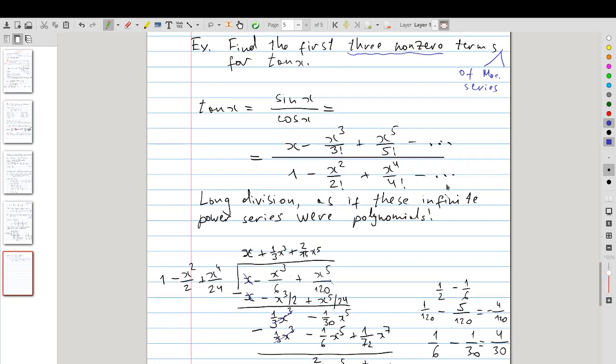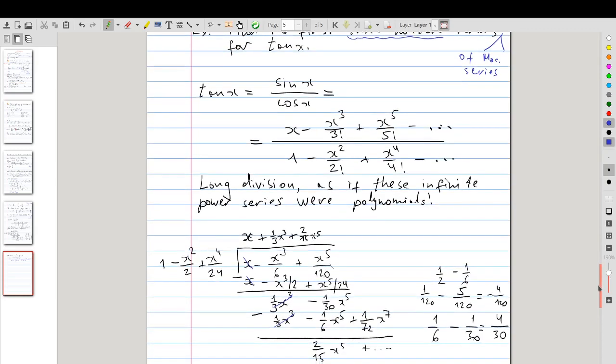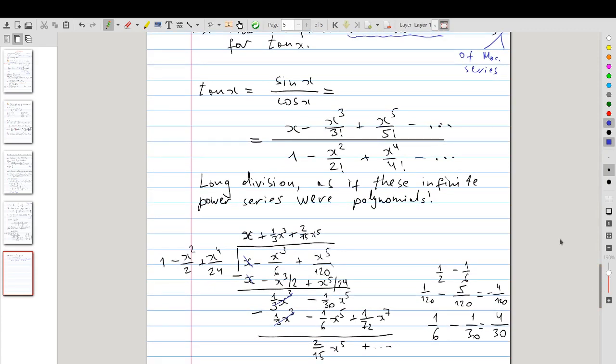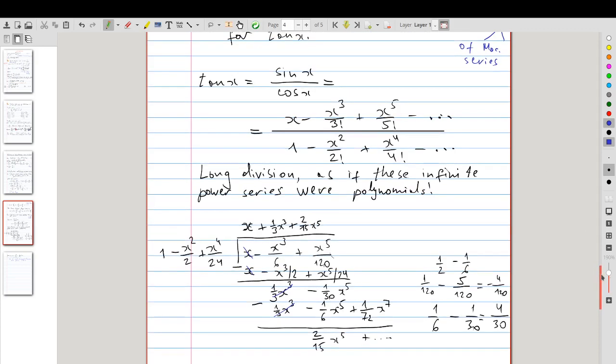Well, for tangent x, I would say it's about on the same level of difficulty as using the definition, but for even less pleasant combinations of sine and cosine, so for instance, something like 1 over the product sine times cosine, it would be much easier to compute the Maclaurin expansion using the Taylor expansion for individual factors.